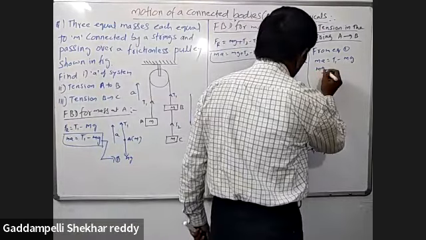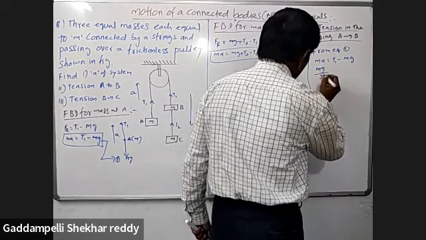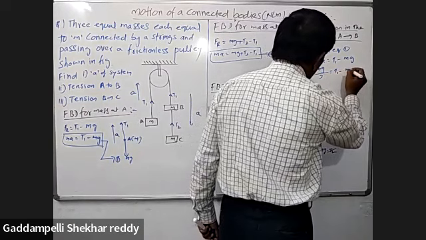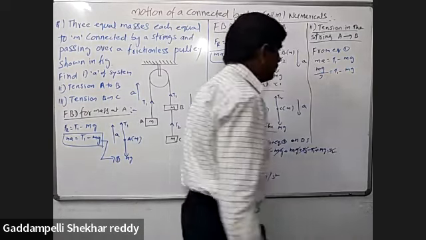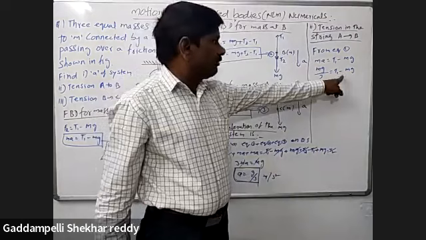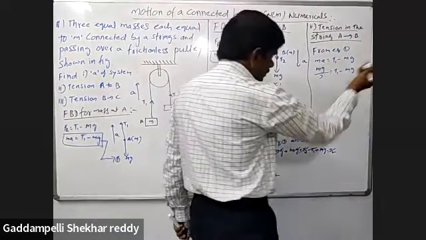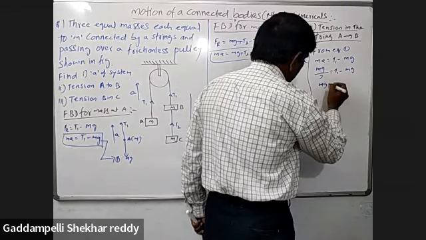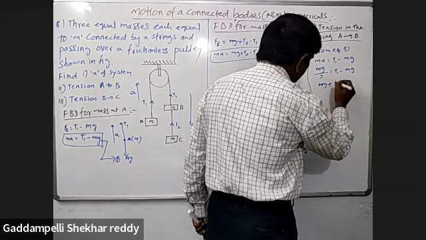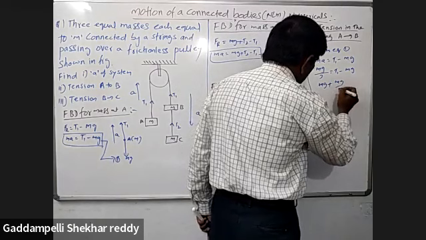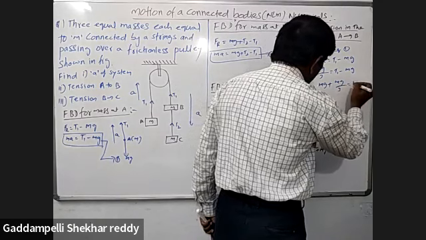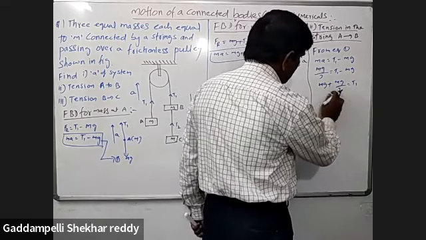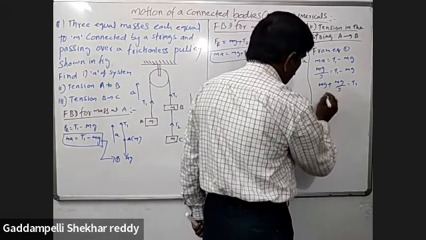That means a is equal to g by 3, so mg by 3 equals T1 minus mg. Our requirement is T1, so mg is transferred to the other side: mg by 3 plus mg. Here 3 mg plus mg, 4 mg.